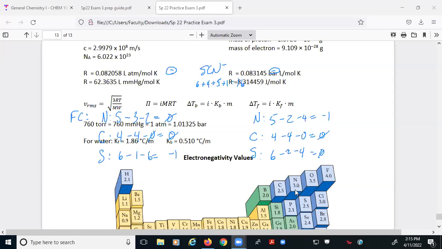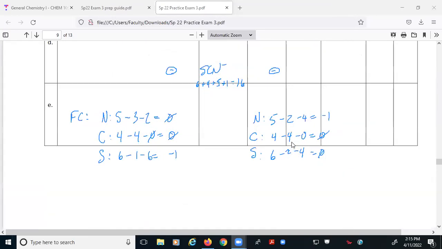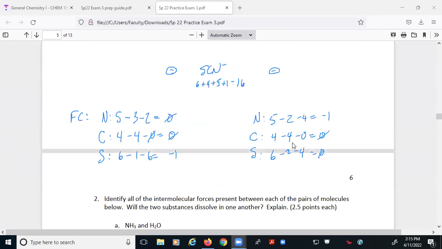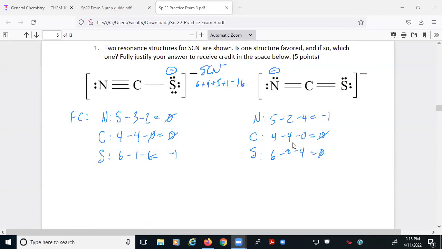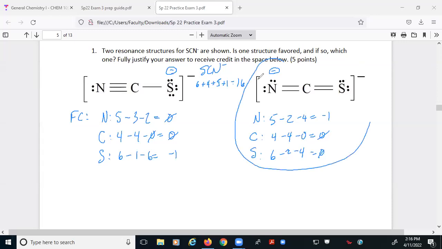The nitrogen is more suited toward that negative charge than the sulfur is. And so as a result, this structure on the right is the more favorable structure.